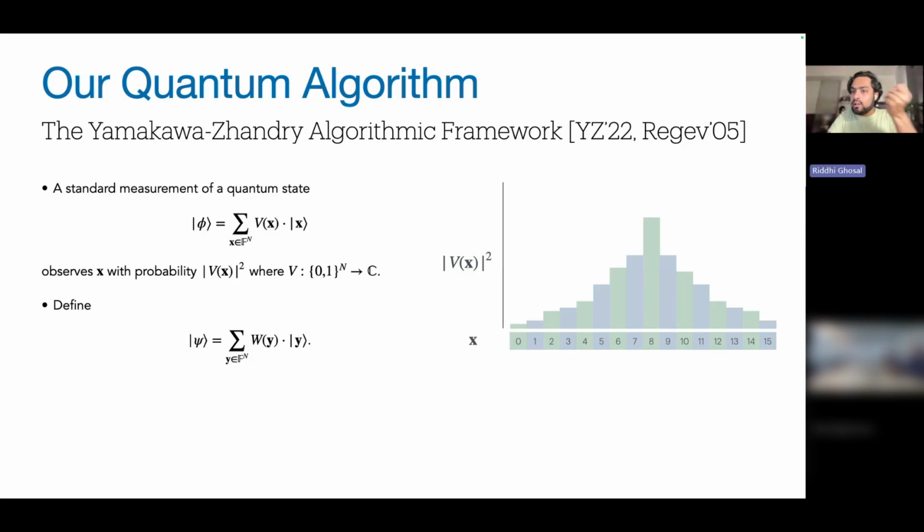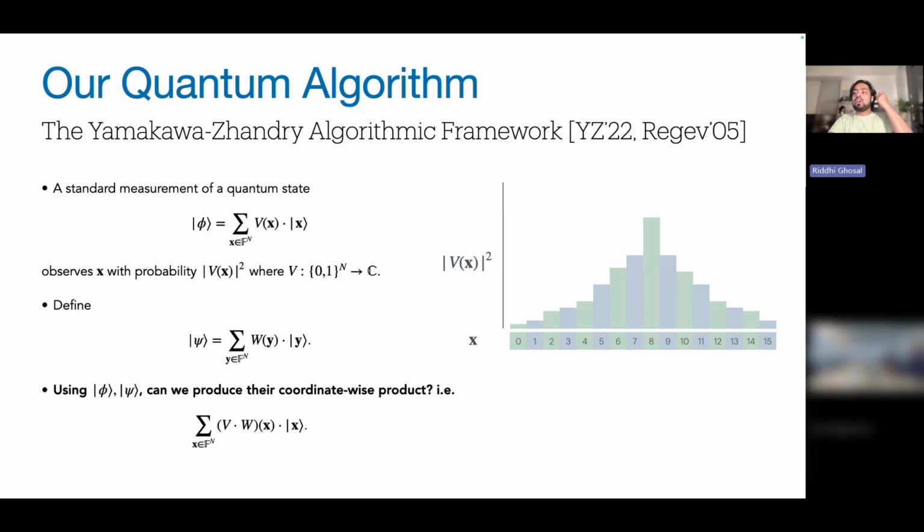The goal in this framework is to come up with this coordinate-wise product, where we want to extract a quantum state which is the superposition of x's with weights vx times wx. So it's the coordinate-wise product of v and w.